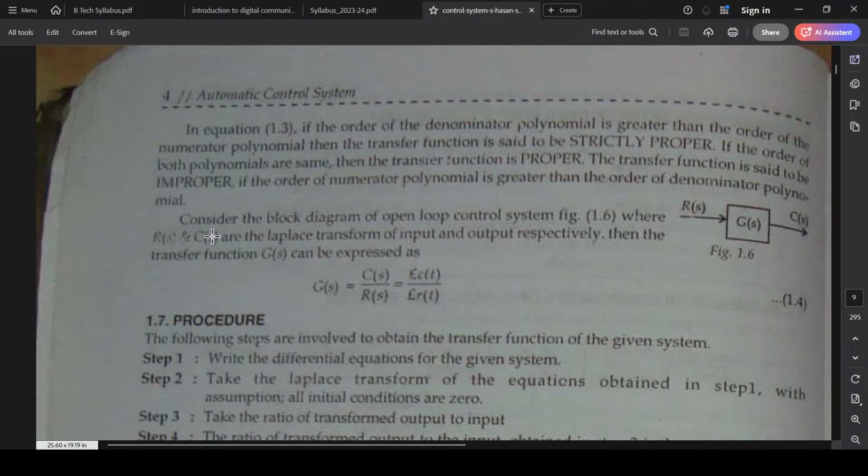Next, let me just write it down. Strictly proper, proper, and improper. For myself, I will just write down n for the numerator order.